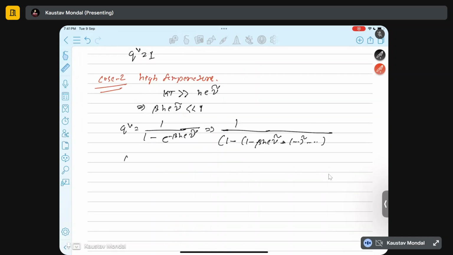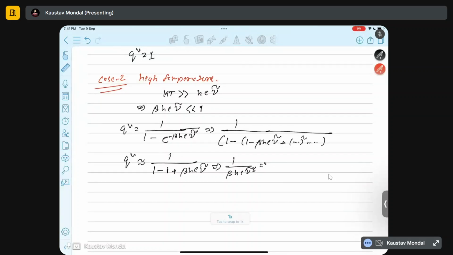So QV would be approximated as 1 by 1 minus 1 plus beta HC nu tilde, that is 1 by beta HC nu tilde, which is KT by HC nu tilde. The expression of the vibrational partition function is this, right?